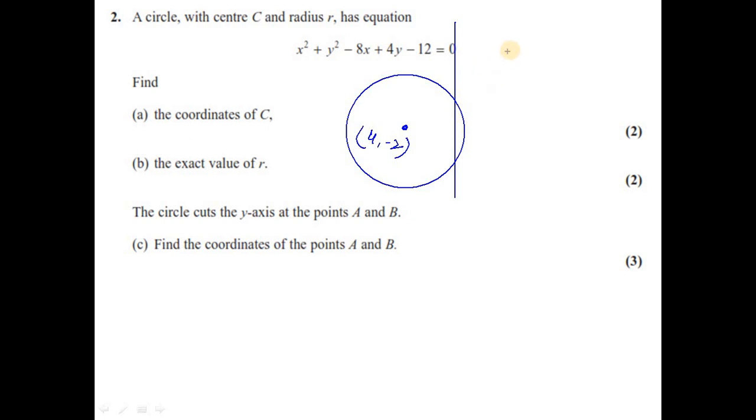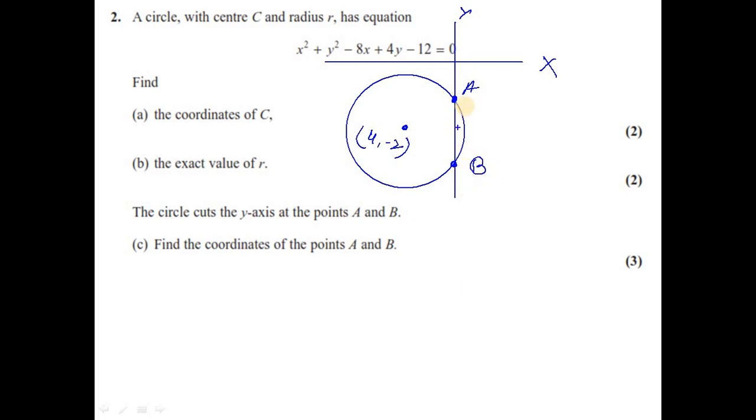Don't be confused, because I don't know whether it is tangent, but I'm just drawing. This is the x-axis, this is the y-axis, and this circle is intersecting the y-axis at 2 points A and B, and I need to figure out the coordinates of A and B.